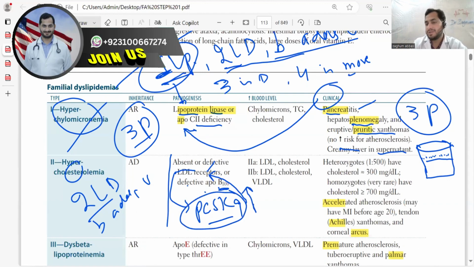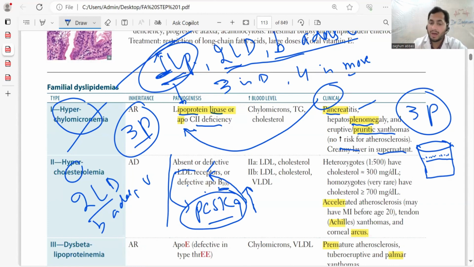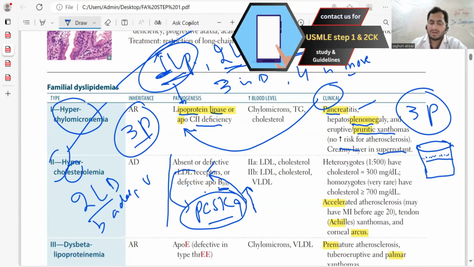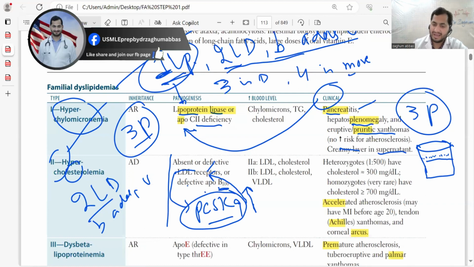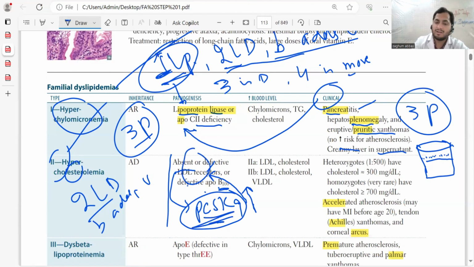Guys, remember, this point is not given in the book, and I think it is not mentioned even in UWorld, but it is important because the topic is given. Your examiner is not bound to your First Aid or your UWorld. So remember, there are three pathogeneses of hypercholesterolemia: absent LDL receptor, defective ApoB100, and third, here you can clearly see both are deficient, but the PCSK9 activity is increased.